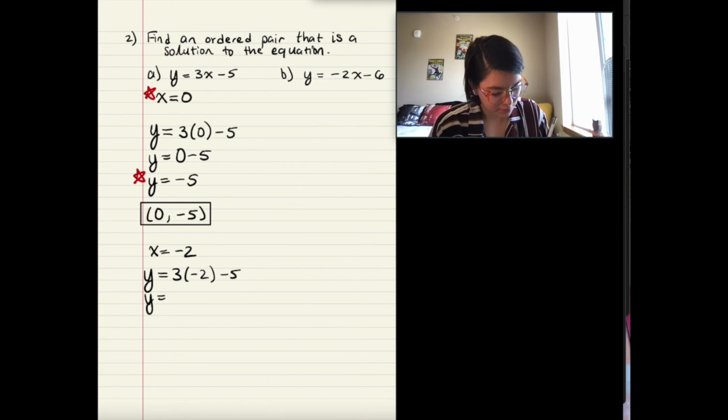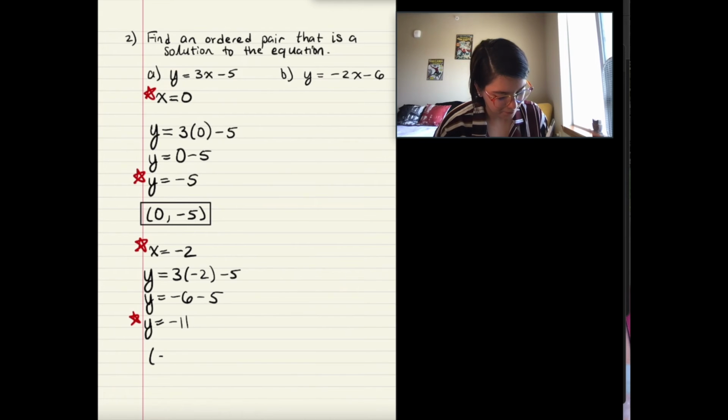So y is equal to 3 times negative 2, which is negative 6. We still have this minus 5 here, so minus 5. So y is negative 6 minus 5, which would give us negative 11. So we have an x coordinate of negative 2, y coordinate of negative 11, so we can write that as a coordinate pair. Negative 2, negative 11.